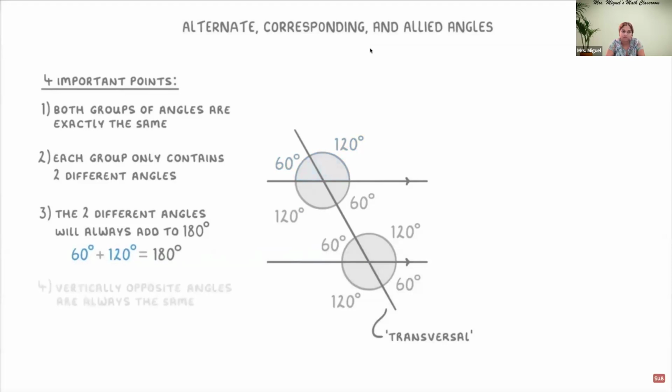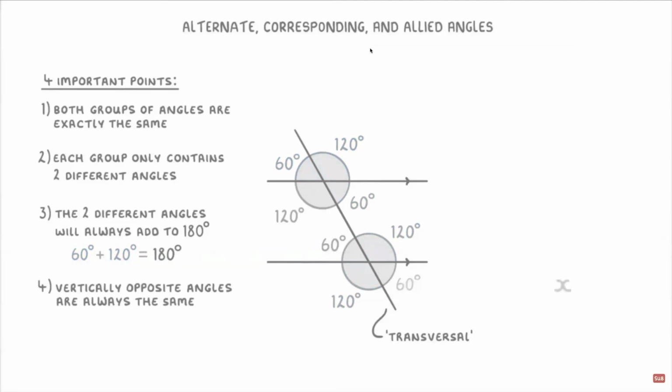And the last point is that vertically opposite angles are always the same. For example, these two 60 degree angles are considered vertically opposite, which is why they're both 60 degrees. And likewise, these two 120 degree angles are also vertically opposite. Now, as long as you properly understand all of these rules, you can use this knowledge to work out unknown angles if one of them is missing.